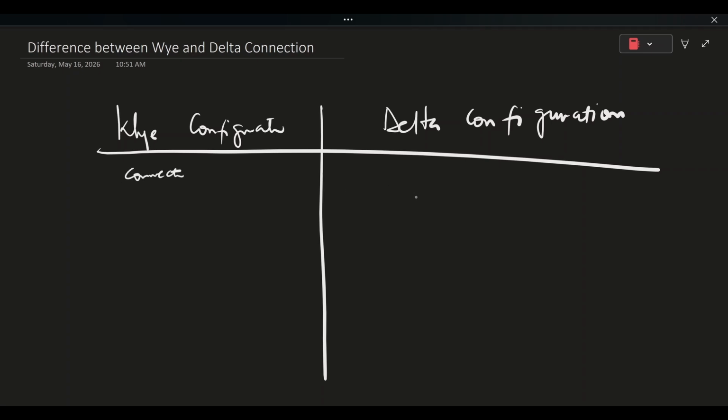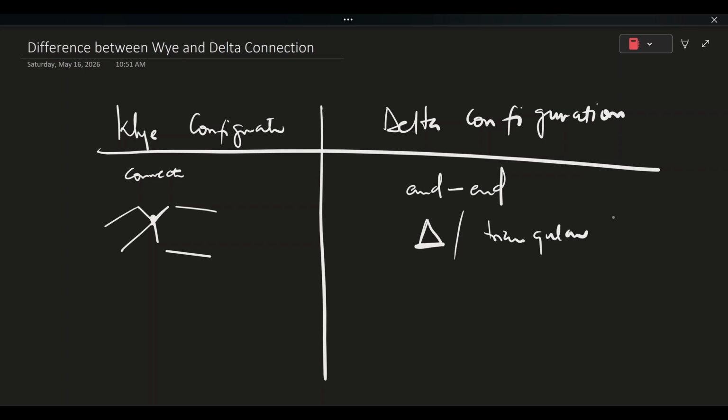Then for the delta configuration, we also have three phases connected end to end. Then in terms of the shape, our Y configuration, as the name implies, has a Y shape, where this point is the neutral point, then these ones are the output to our source. Then for the delta configuration, we have a delta shape, that is a triangular shape.